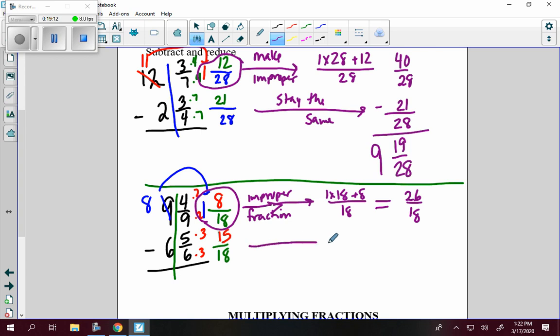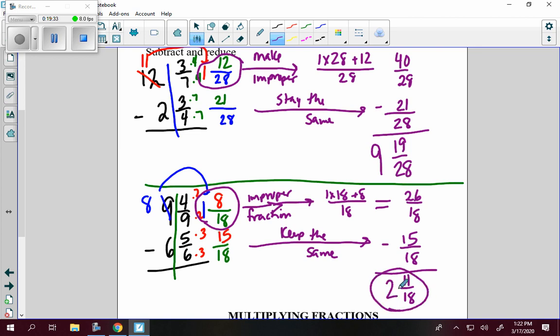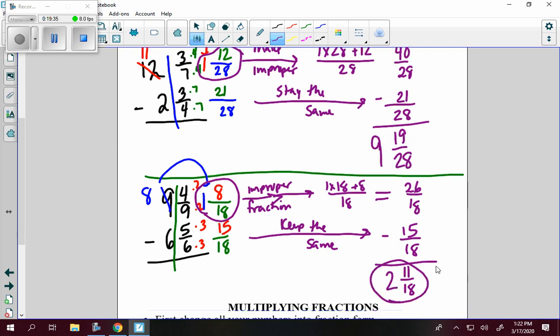And now I'm going to keep the bottom one the same, and I have minus 15 over 18. So then I have 26, and now I can take 15 from 26. And when I do that, I get 11. And I can take 8 minus 6 to get 2. I know, right? That was awesome.